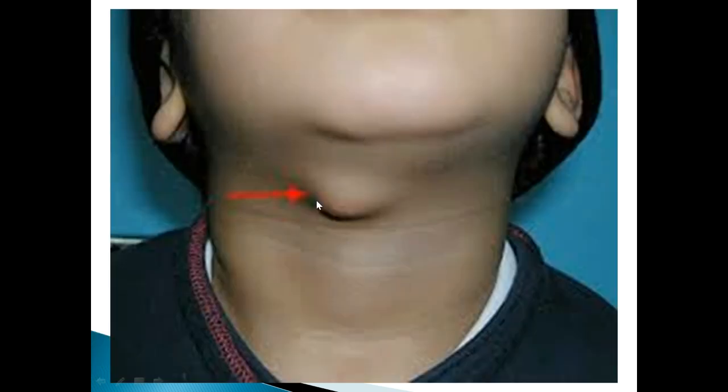So this boy is having a thyroglossal cyst. The diagnostic feature of the thyroglossal cyst is mainly that this swelling will be in the midline of the neck, and it will move up and down with deglutition, same as the thyroid gland. The thyroid gland moves up and down with deglutition. So this swelling also moves up and down with deglutition. That confirms the diagnosis of thyroglossal cyst.